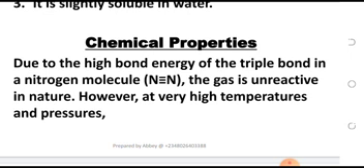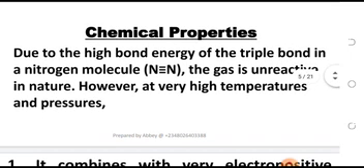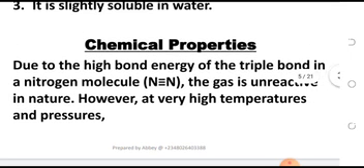That triple bond is very strong to be broken, and that makes nitrogen gas very unreactive. So the bond energy for nitrogen gas is high. To break it, you may need to apply a very high temperature or pressure for that bond to be broken and for a chemical reaction to occur. That is why the chemical properties of nitrogen are very few.